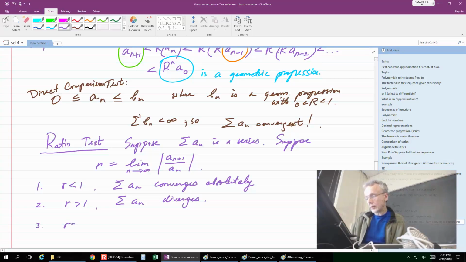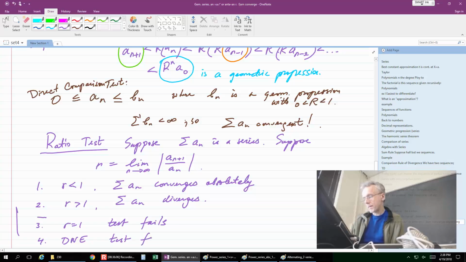The third case is R equal to 1, the test fails, as well as case 4, if you want to include it, where the limit doesn't exist. Once again, the test fails. Test fails meaning that the theorem is not applicable, and then you have to use different methods for solving it.